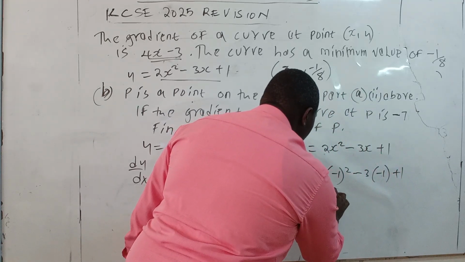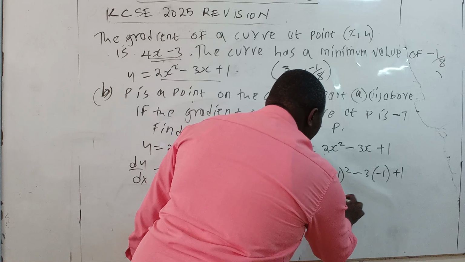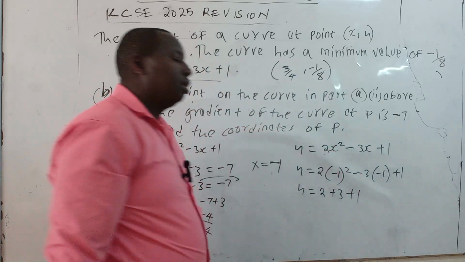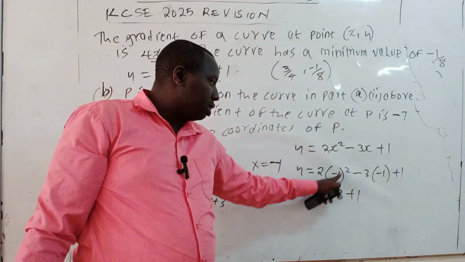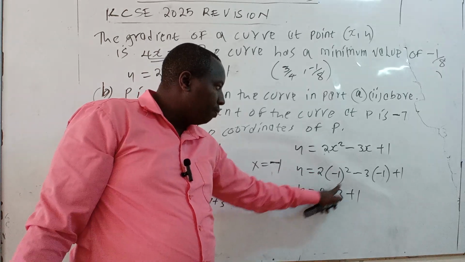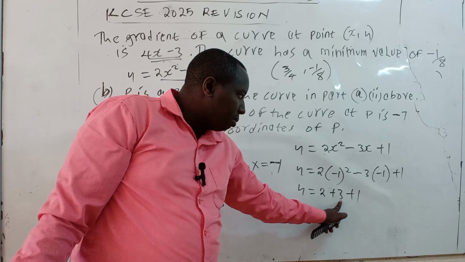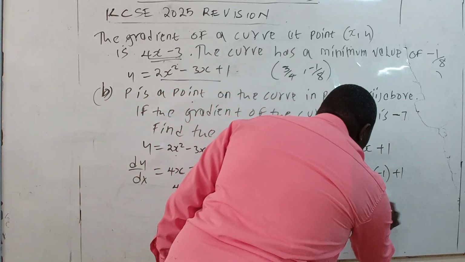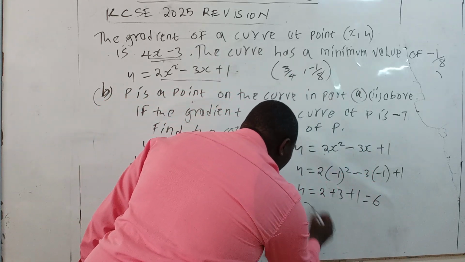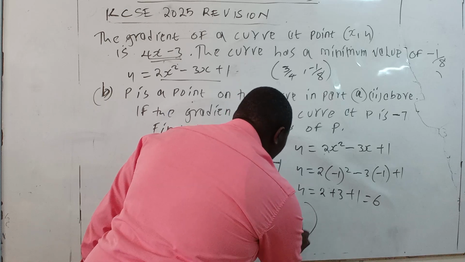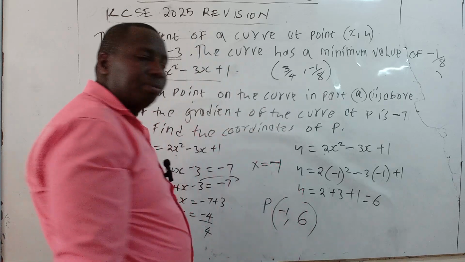Minus 1 squared is 1, times 2, 2. Then 3 times minus 1, minus minus comes plus. So y is equal to 2 plus 3 plus 1, which is 6. So the coordinates of P, x is negative 1 and y is 6.